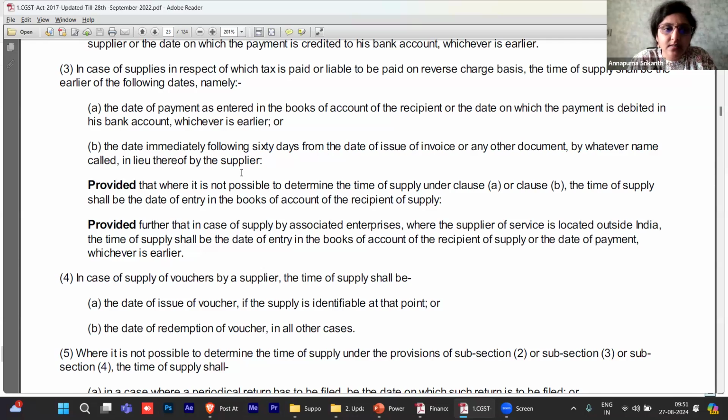See, B covers basically supplier. A is important. A is accounting. So either you made the accounted expenditure or made the payment, or now they issued the invoice, whichever is earlier. So the payment in the bank would also act as a trigger point here.